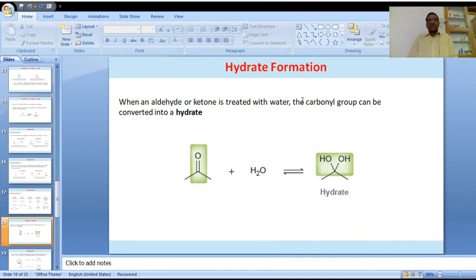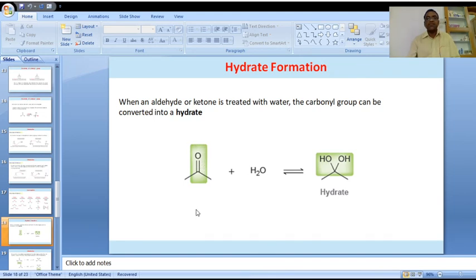Next reaction, hydrate formation. When an aldehyde or ketone is treated with water, the carbonyl group can be converted into a hydrate. Here please observe.